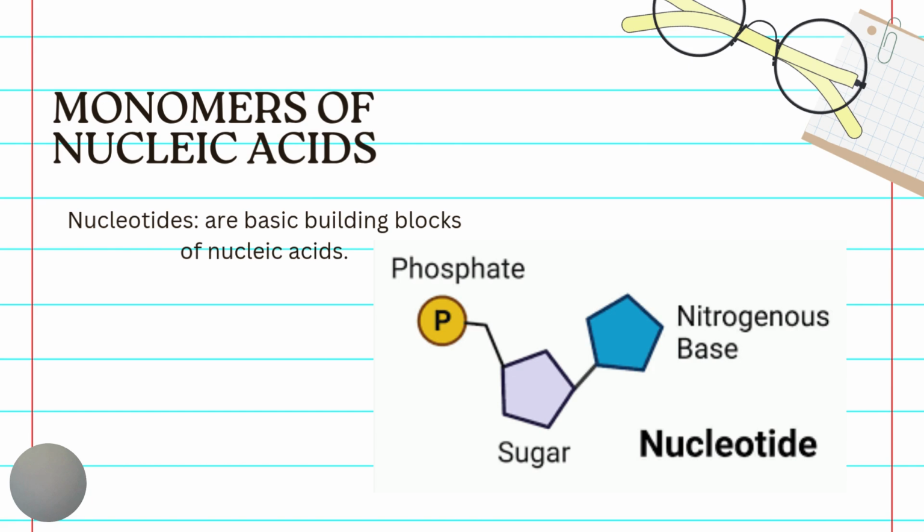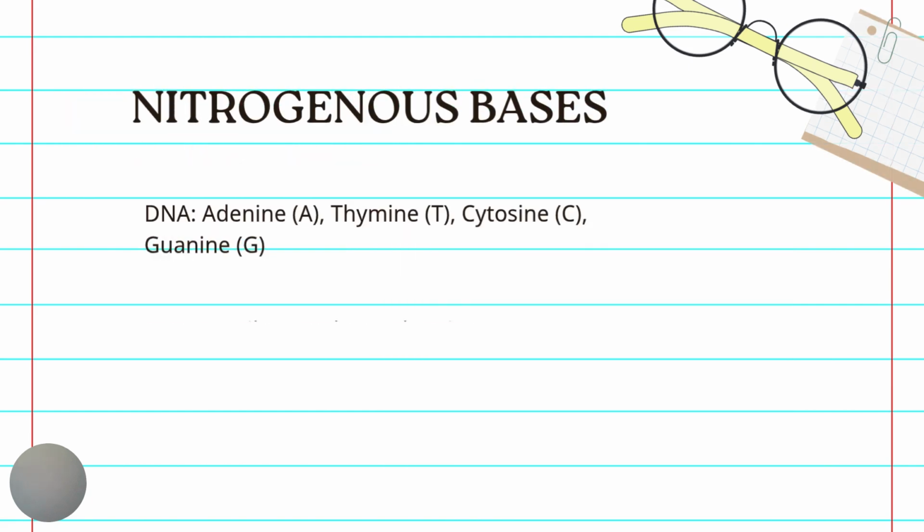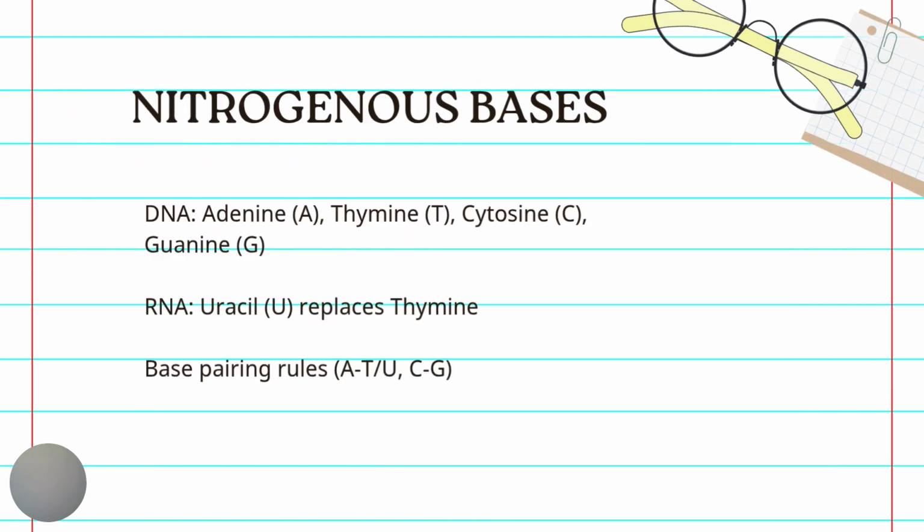Okay. So let's look at the nitrogenous bases, because they also play a very big role in the processes that nucleic acids are involved in, which are replication, transcription and translation. Nitrogenous bases, which also make up the nucleotide, are these.